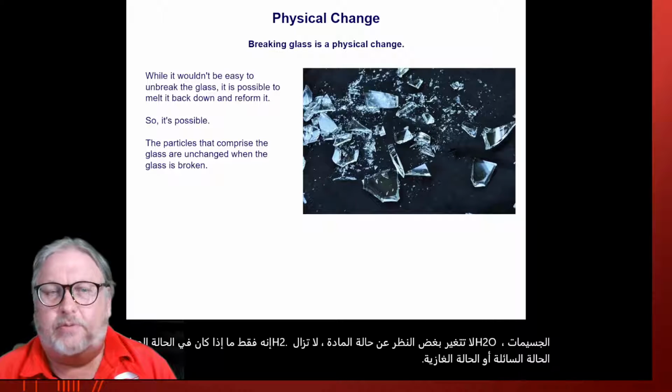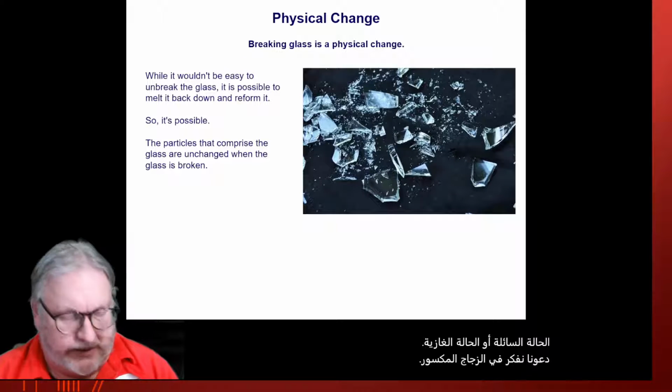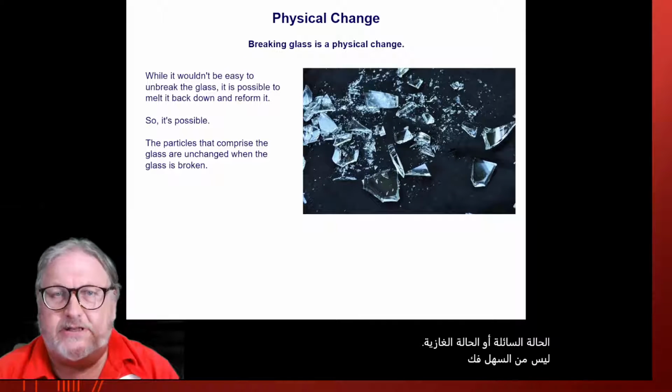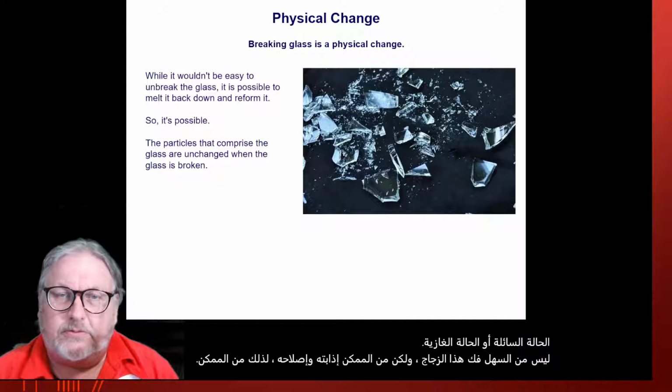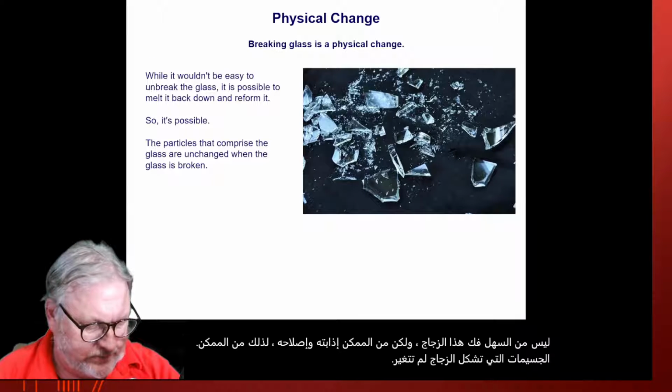Now, let's think about broken glass. It's not as easy to unbreak that glass, but it is possible to melt it down and reform it. So it's possible. The particles that comprise the glass are unchanged when the glass is broken.